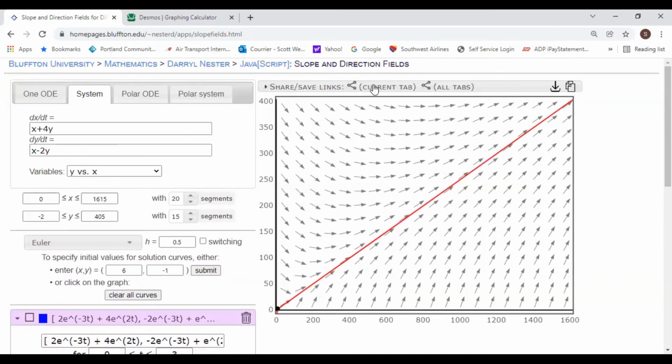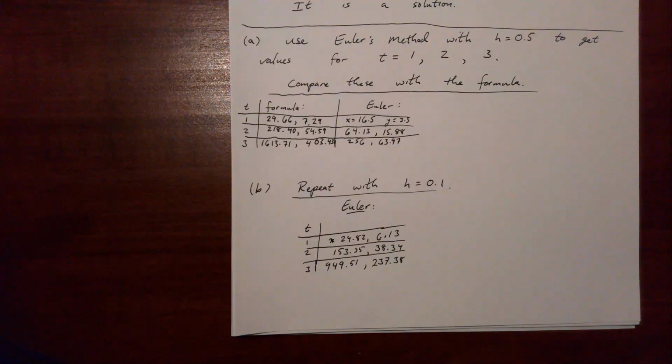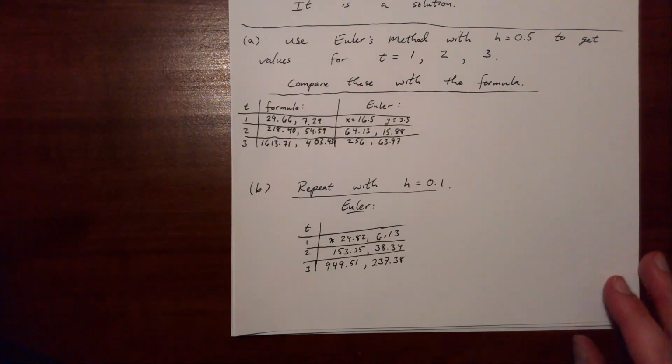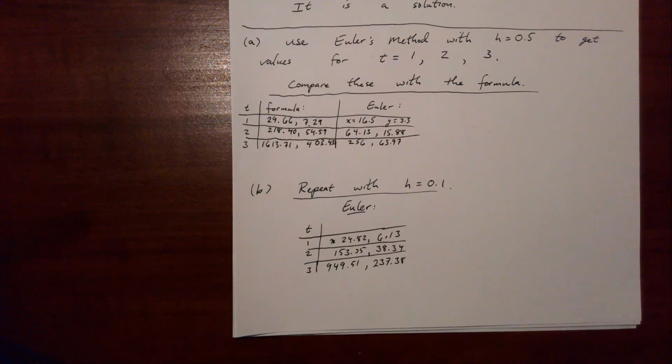So back to our paper where we can sum it all up. While the technology was giving us the answers, I jotted them down over here so we can look at them and compare them. You can see that with h equals 0.5, we have quite vast differences individually between the x's and the y's from the formula versus Euler's method.